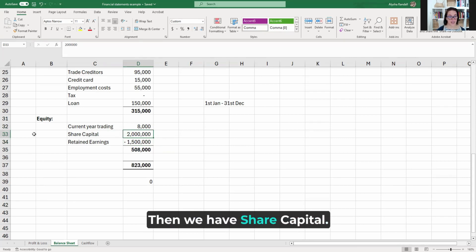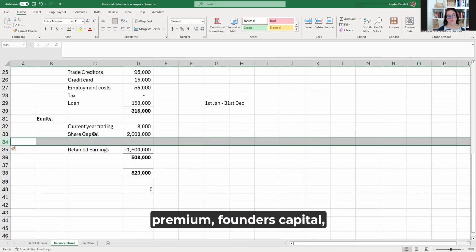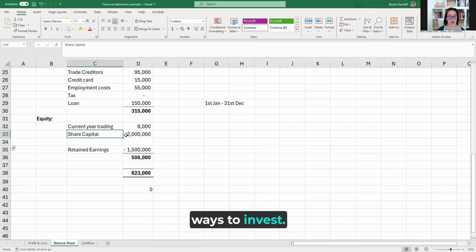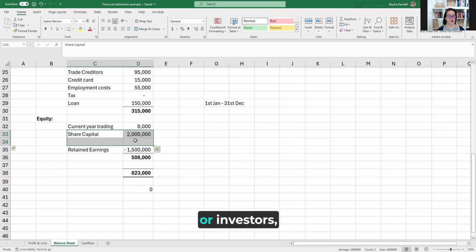Then we have share capital, and you can have lots of different things like share premium, founders capital, lots of different other ways to invest. All of this is what people have invested in your company. So in this example, £2 million, generally in cash, has been invested into your business, whether that's you or investors or a combination of both.